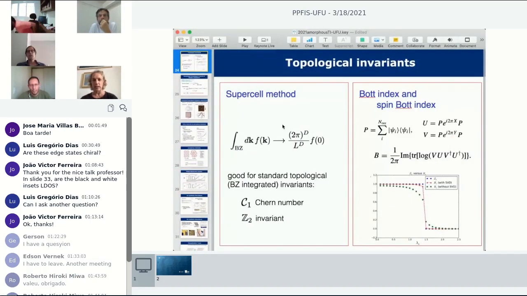Yeah, the thing is that if you have a disordered system, then the simplest idea you can take is to expand your Brillouin zone and do periodic. Right, because if it is too small, then it's this kind of thing. And then you integrate.